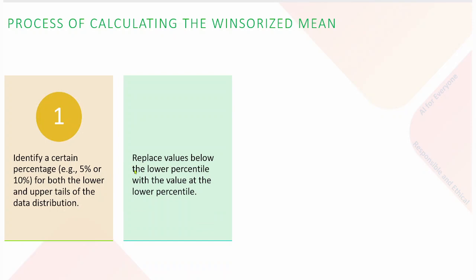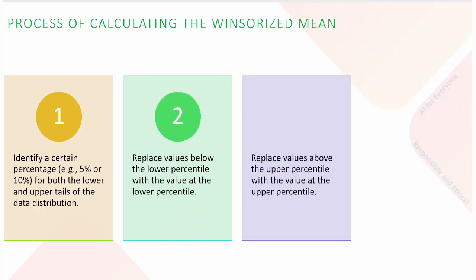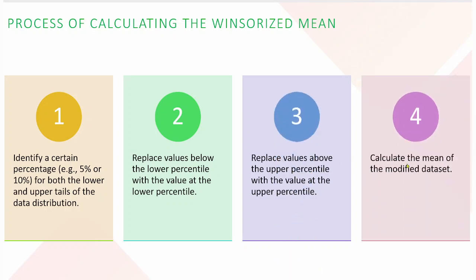So replace those values below the lower percentile with the value at the lower percentile. So that means something like a hard fix. And the same way for the upper value, you can also choose to replace that with something like a capped outlier. And then after that, you compute the mean.